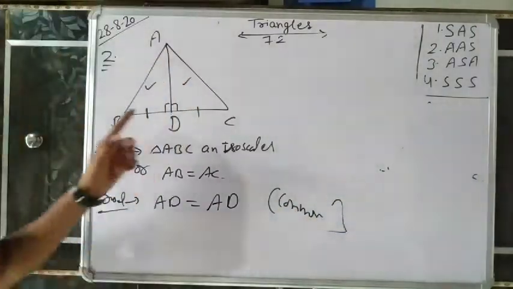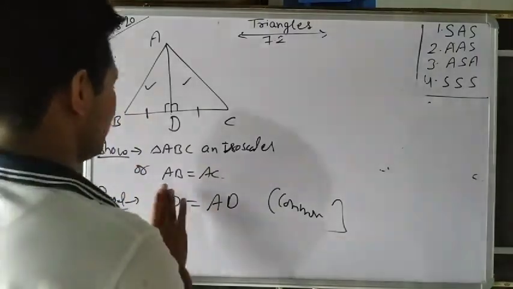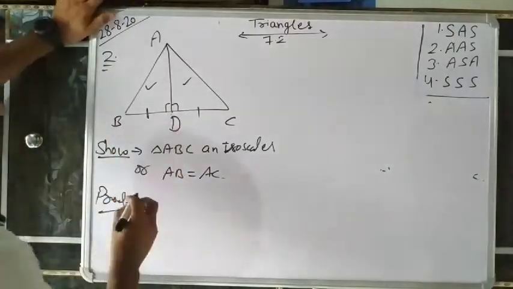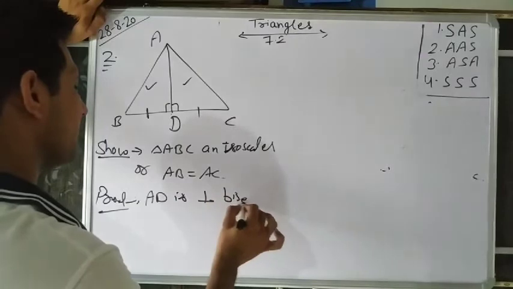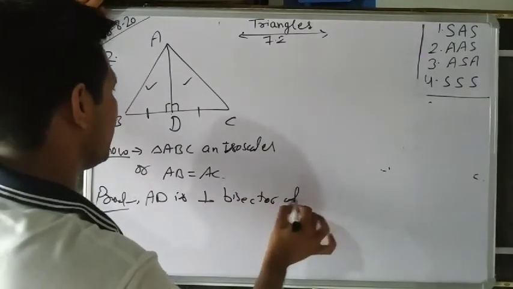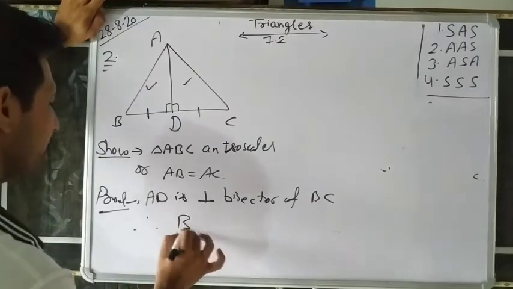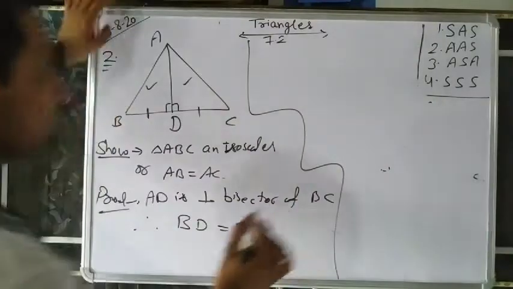Common, everyone knows. Before this you will write, AD is the perpendicular bisector of BC. If it is the perpendicular bisector, it means BD equals DC.